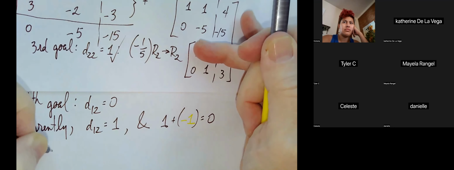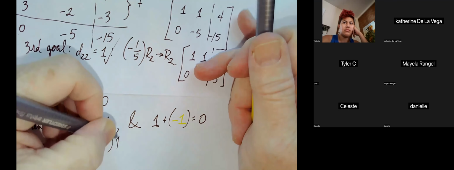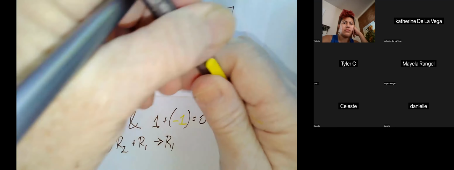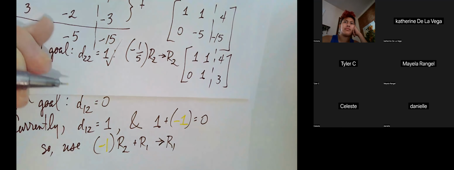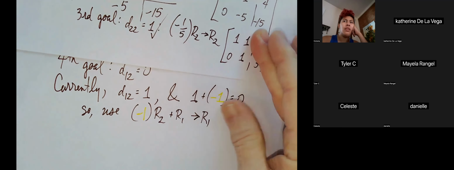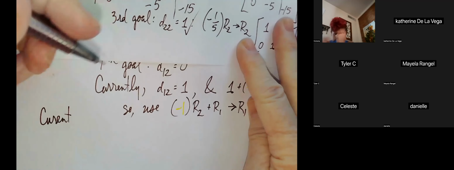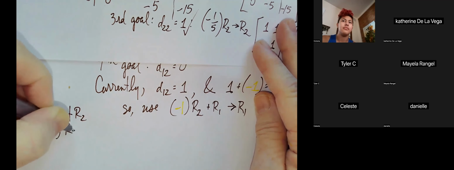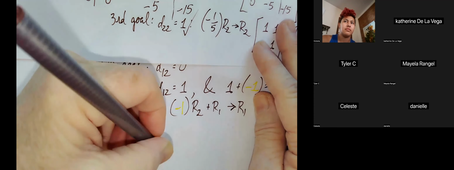So we're going to use the command -1 times R2 plus R1 will give us a new R1. And let's work that out. So let's see, we have the current R2 and then -1 times R2, the current R1 and the new R1.